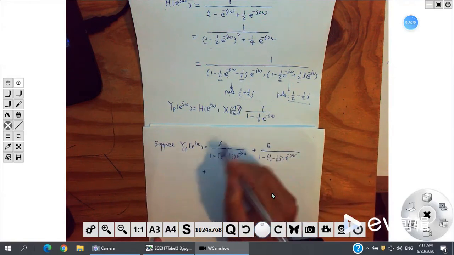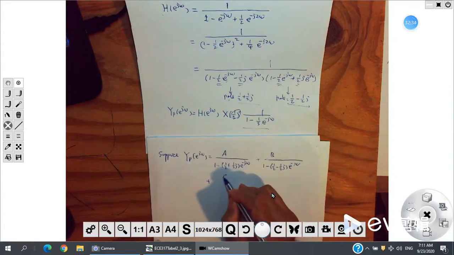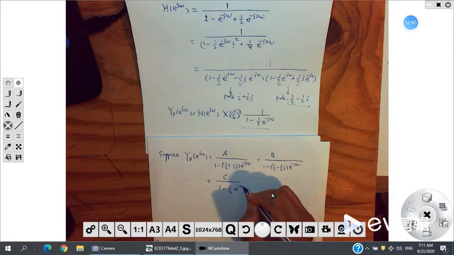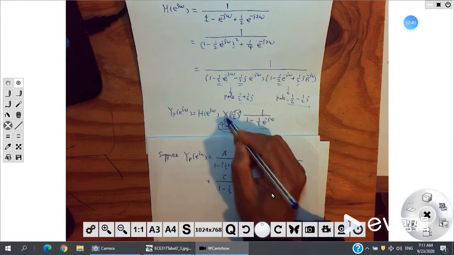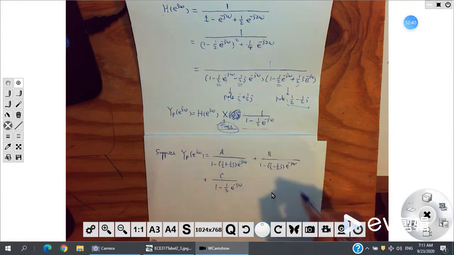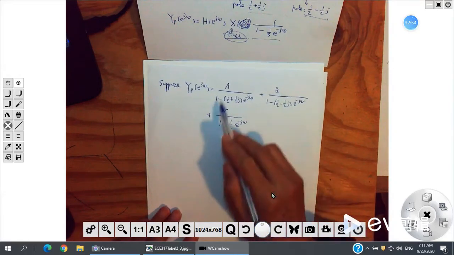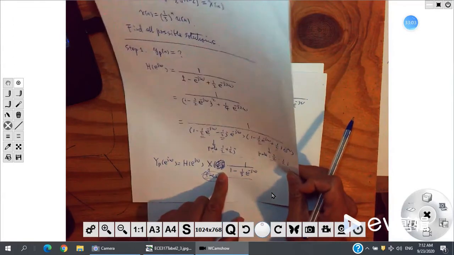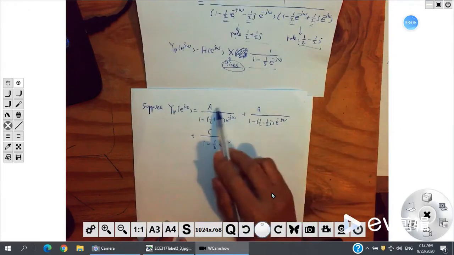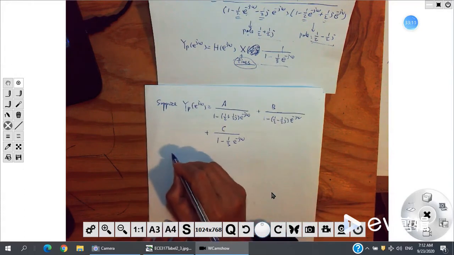The last term should be c over 1 minus 1/3 e to the negative j omega. This is a multiplication of the terms. Suppose y equals this, and we put all of these together equal to that one. So the numerator must be 1. If you combine these three terms together, the numerator must be 1. So I just write the numerator.